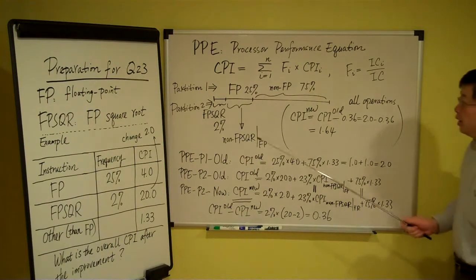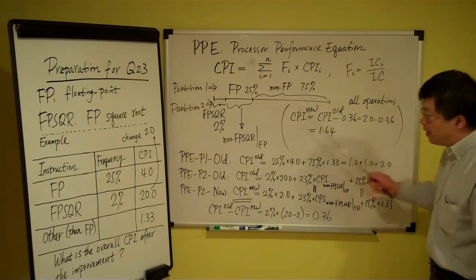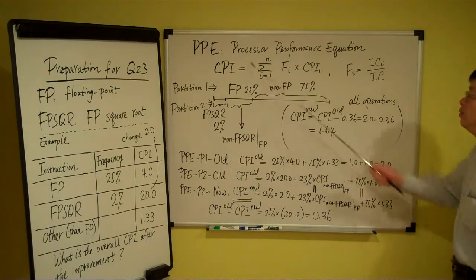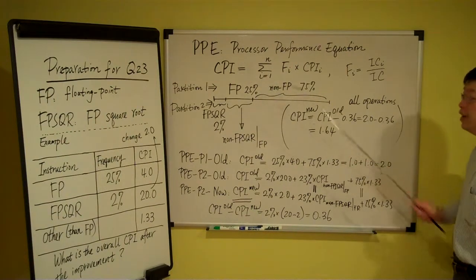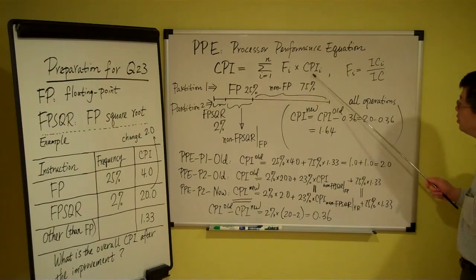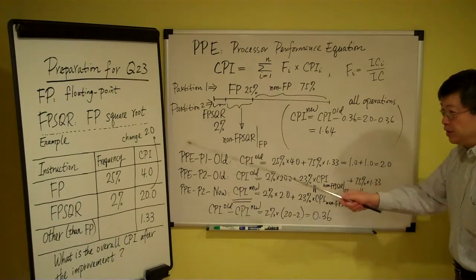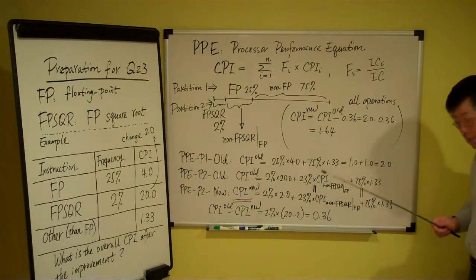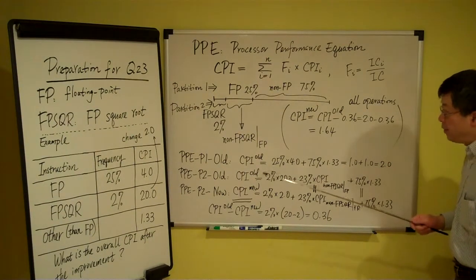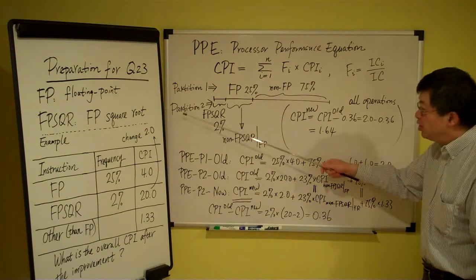So let's summarize the method we used here. PPE. In order to use PPE, you need to get all the CPIs and frequencies, so you identify all those numbers. Then the second important thing is partition.